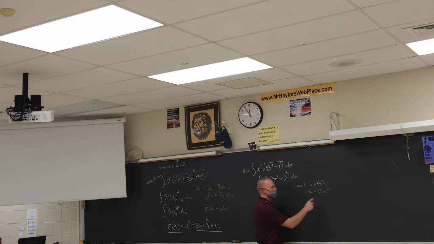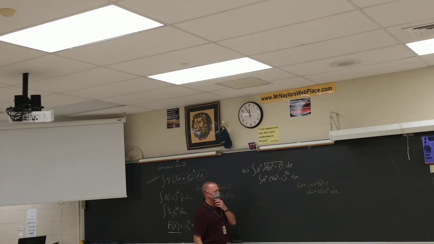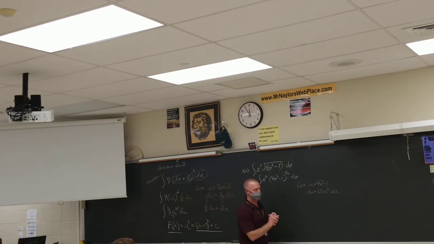And we do the derivative of this, du over dx, and that gives us 12x squared. And in case anybody was wondering, it's like you're separating the du and the dx.